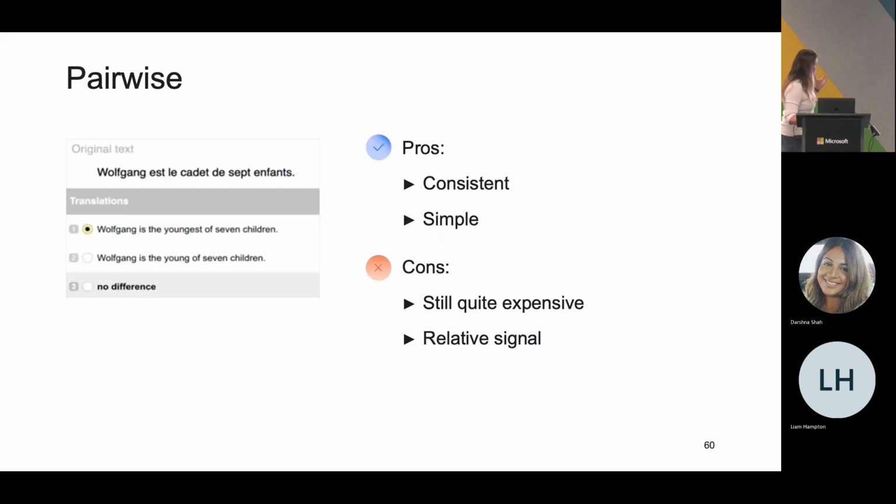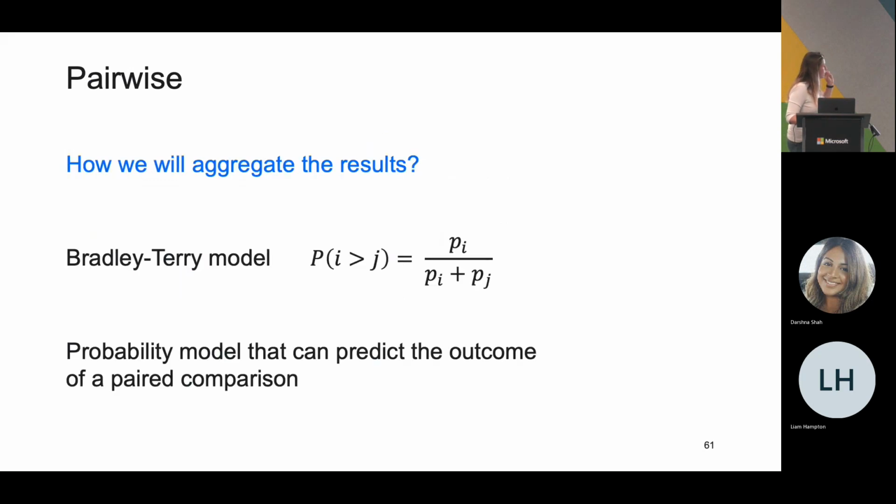Again, as I say, every method has its pros and cons. Also with pairwise translation, the question comes in aggregation of results. Imagine you have created many pairs, and you know in which pair the translation is better. You need to somehow aggregate it. There is the Bradley-Terry model. I don't know if you've heard about it.